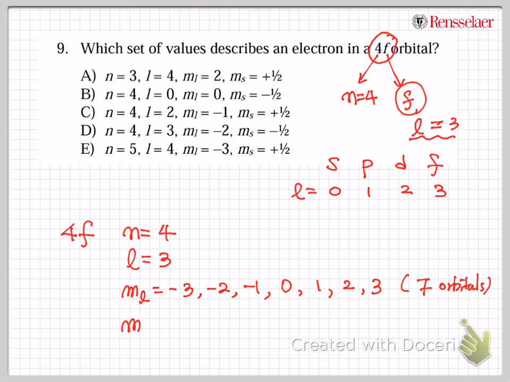And then the spin can be pointing up or down. So those are the possible ones.